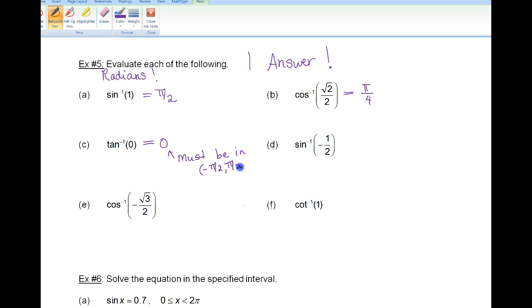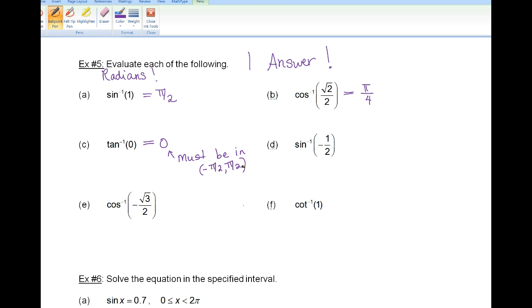Tan is sine over cos, right? You could consider tangent inverse as the same as sine inverse over cosine inverse, right? So sine inverse of 0 would be 0, cosine inverse of 0 would be 1. So you have 0 over 1, which still ends up being 0.